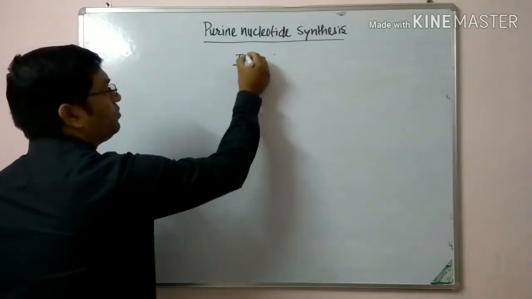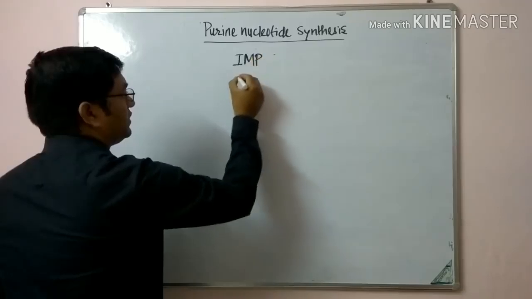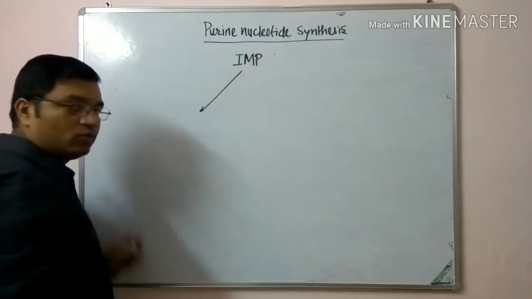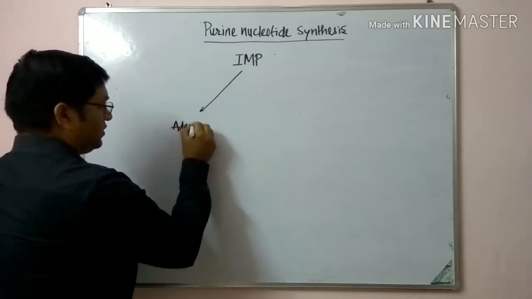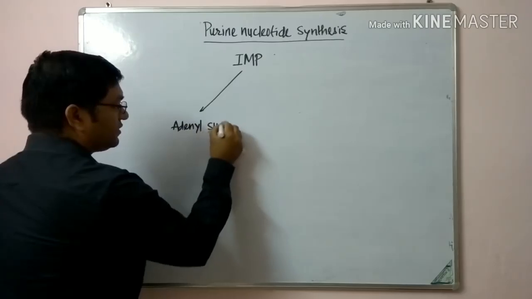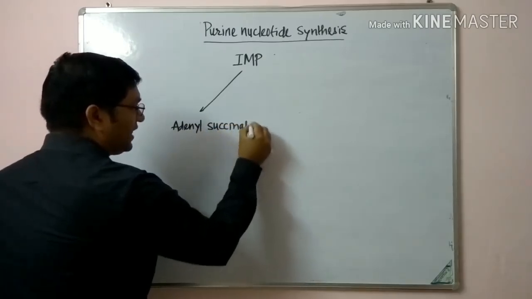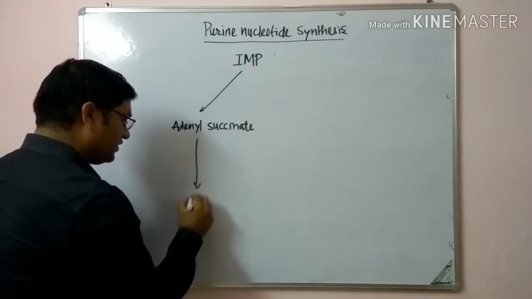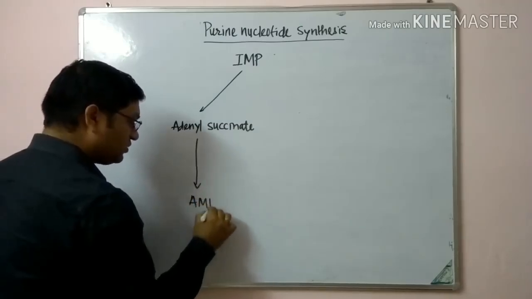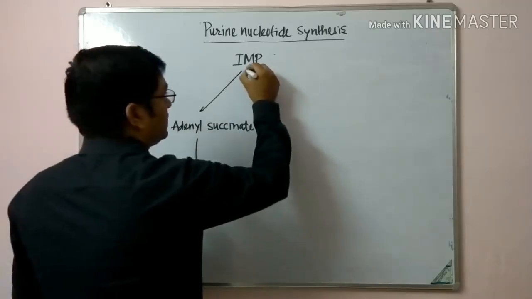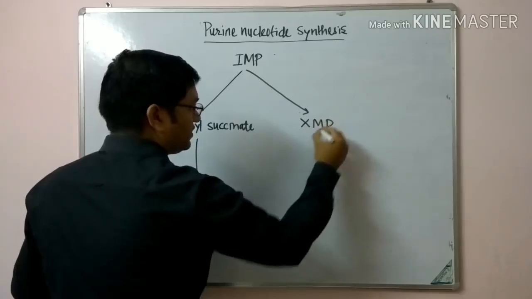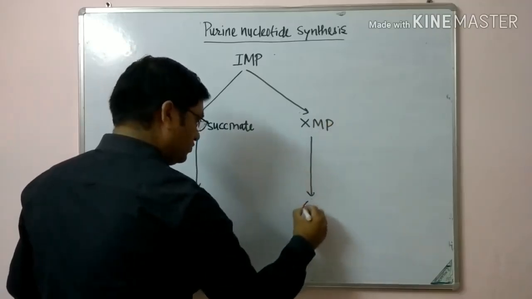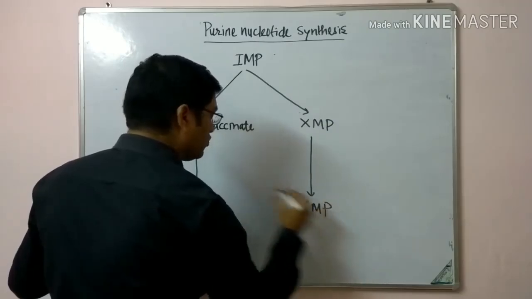This inosine monophosphate is converted into adenylosuccinate, and this adenylosuccinate is converted into AMP, that is adenosine monophosphate. This IMP is converted into xanthosine monophosphate, and it is converted into GMP, that is guanosine monophosphate.